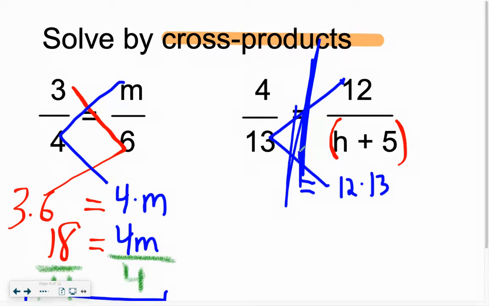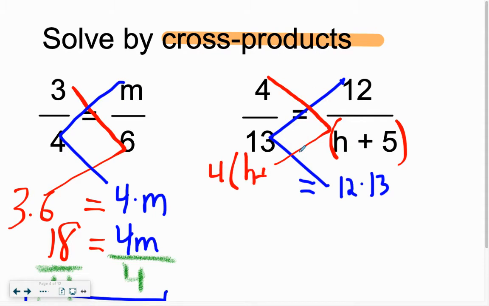So don't tell me what 12 times 13 is yet. Now pick up that pen and ricochet off here. Again, I'm changing colors. You don't need to. But please write down 4 with parentheses h plus 5. Now, what do you need to do with that 4 since it's touching the parenthesis? It's times-ing, so distribute. 4h plus, not 5.